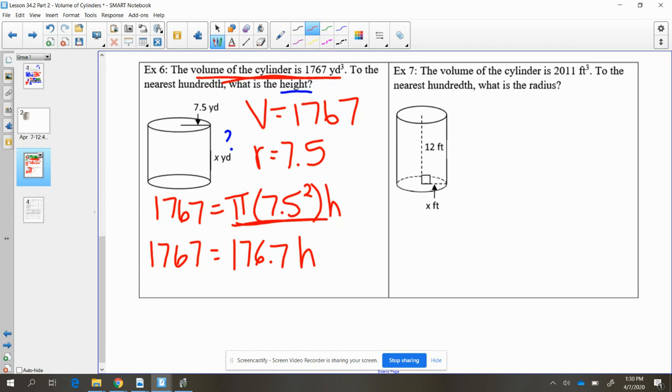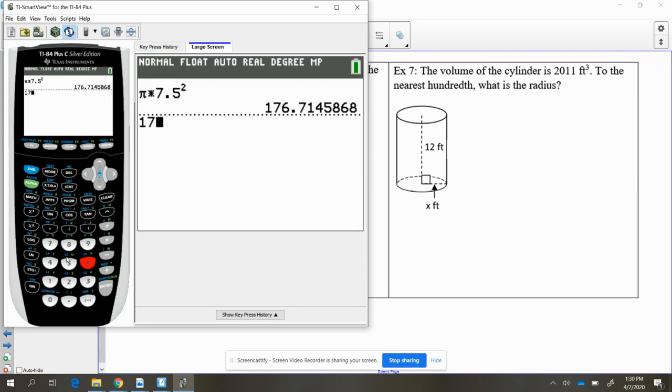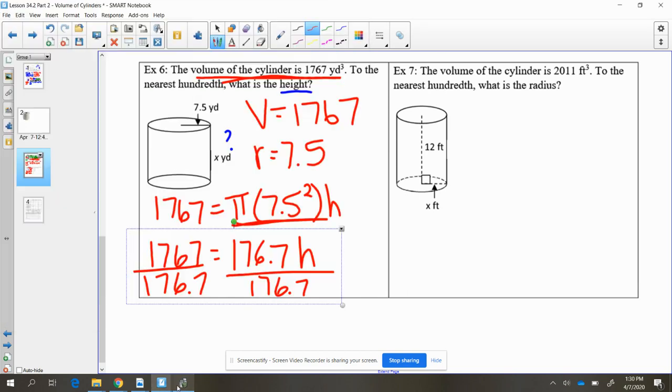And then to get h by itself, we need to divide the 176.7 from both sides. 1767 divided by 176.7 is about 10. Okay, so our height here is 10 yards.